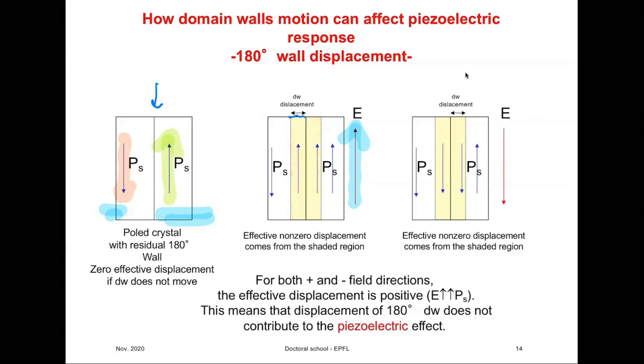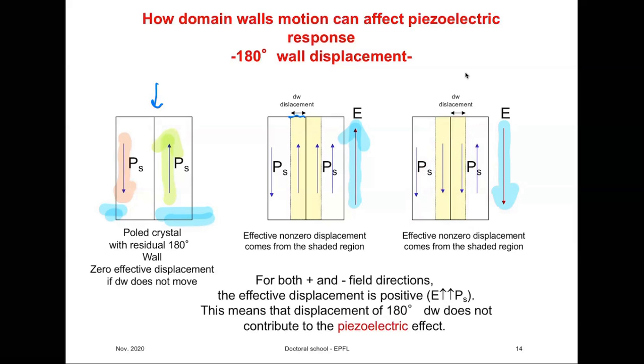If we now apply a field in the opposite direction, we will move this domain wall in this direction, so it will displace like this. Again, this part and this part cancel, and it's this central part which remains as effective polarization in the material.